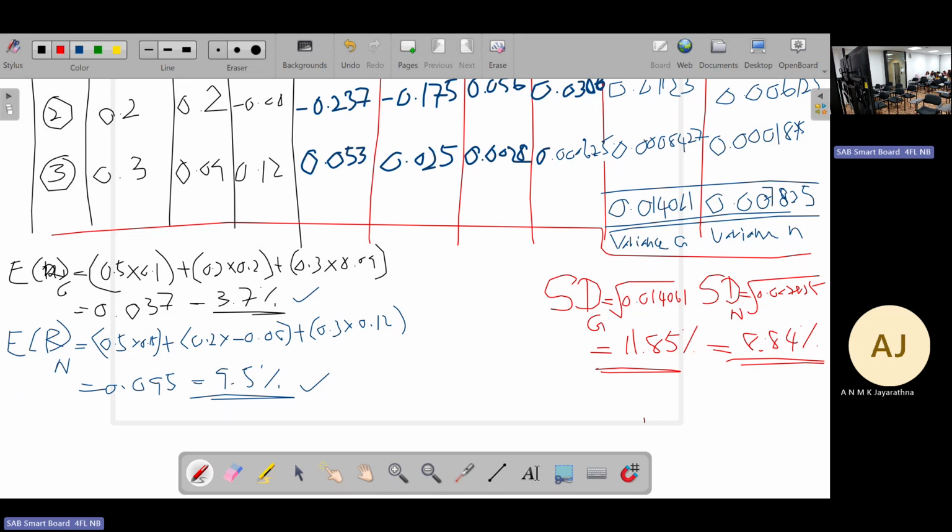Four variances. Four variances is how much? 0.01042. Apply that. Left and right, you can also change the place now.